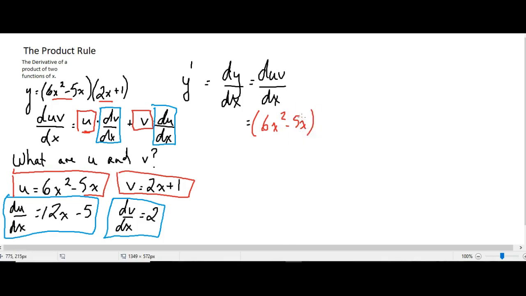And that is multiplied by dv/dx, which we did down here, is 2. And then we add to that the v, which is 2x plus 1, multiplied by du/dx, which is 12x minus 5.